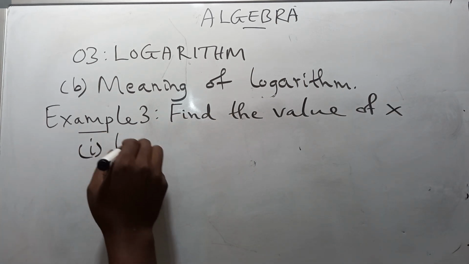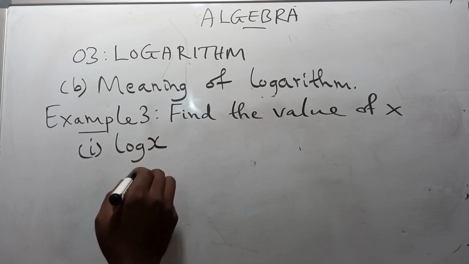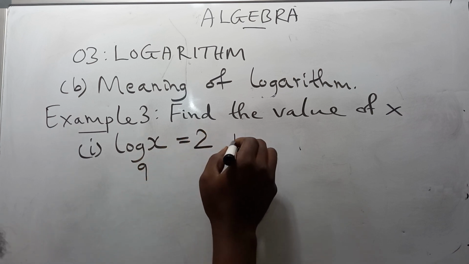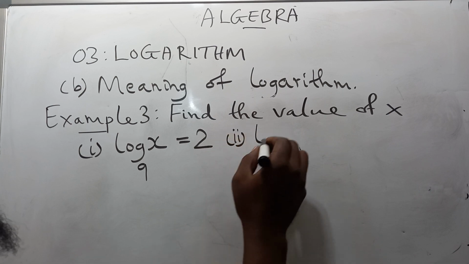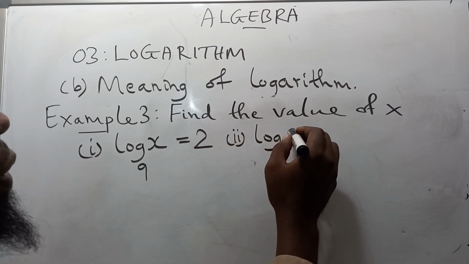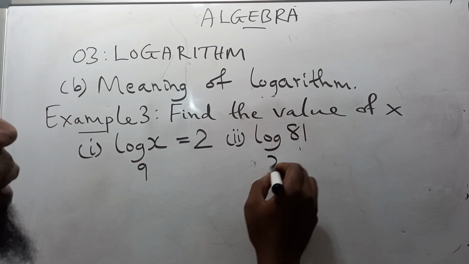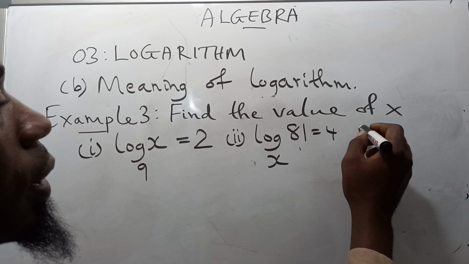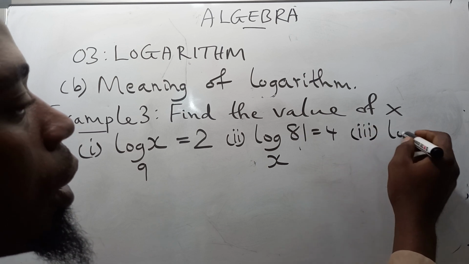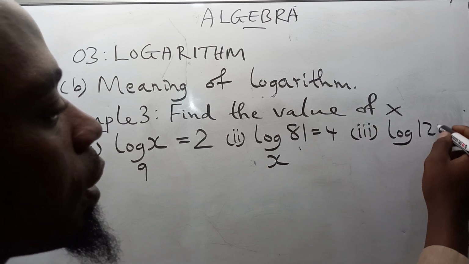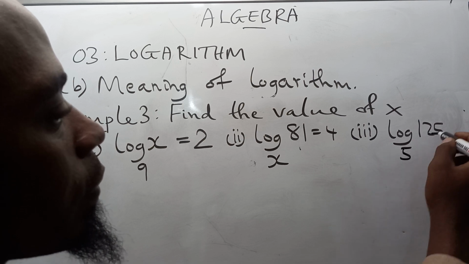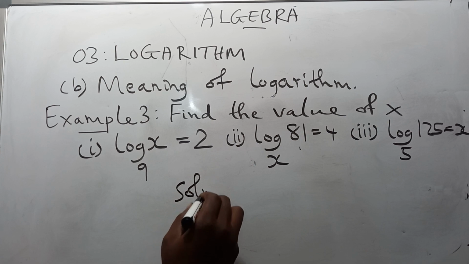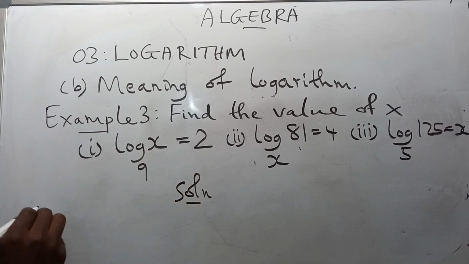Part 1: log of x to base 9 is equal to 2. Part 2: log of 81 to base x is equal to 4. Part 3: log of 125 to base 5 is equal to x.